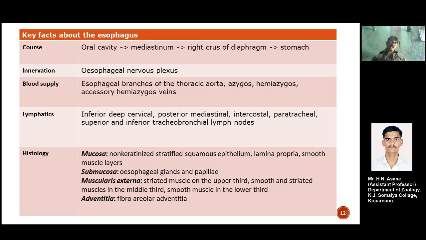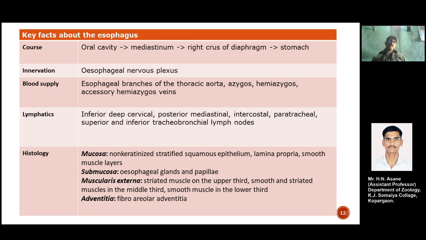So the lymphatics: the inferior deep cervical, the posterior mediastinal, the intercostal region, then the superior or inferior tracheobronchial lymph nodes are present in the lymphatic system.